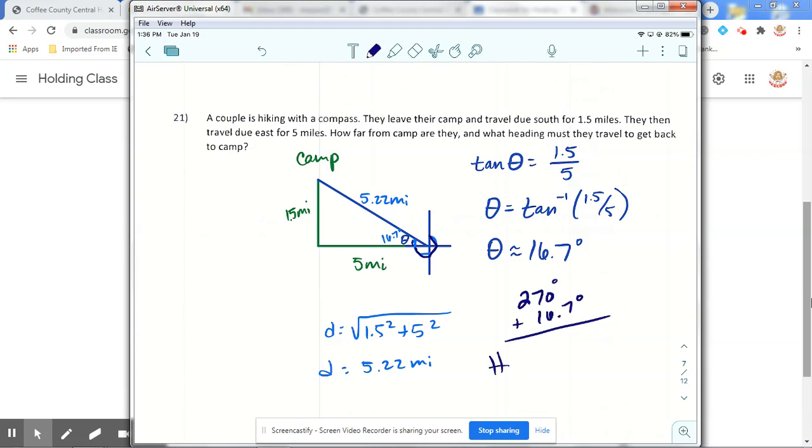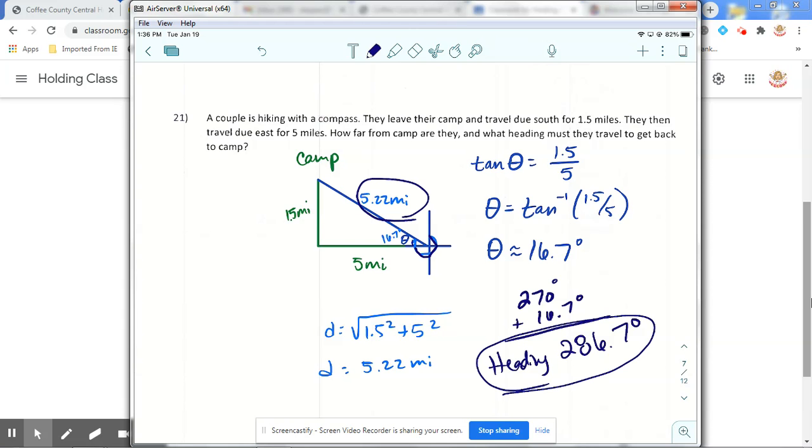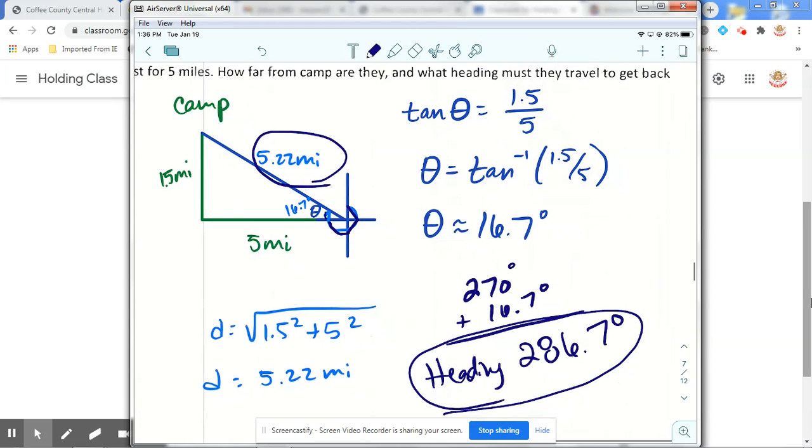So the heading we're looking for that we would use on our compass is 286.7 degrees. And then this is how far they are from camp. So if you're hiking somewhere with a compass and there's no cell phone service and you have your graphing calculator with you, this is how you get back to camp.